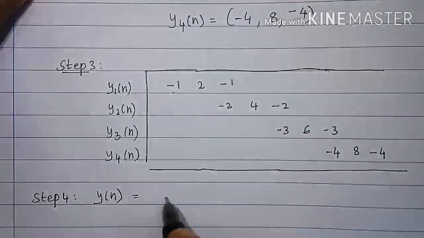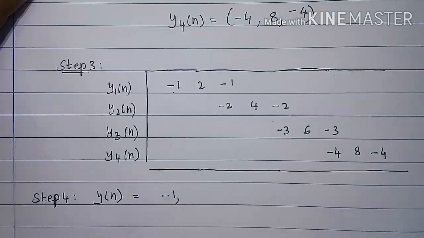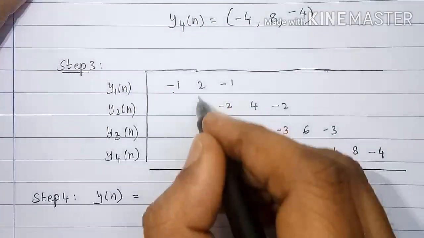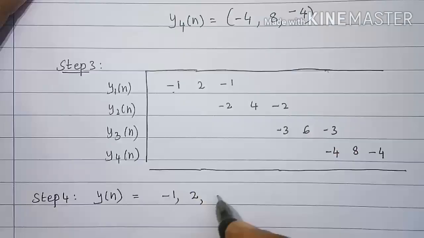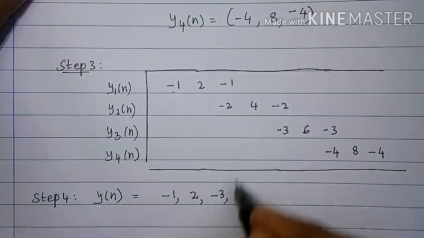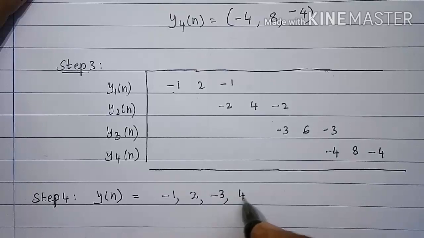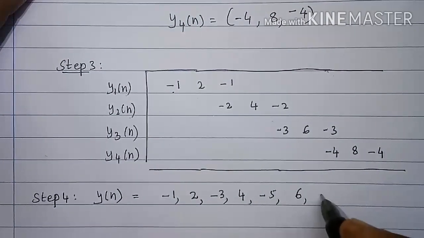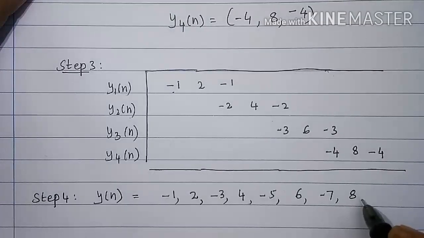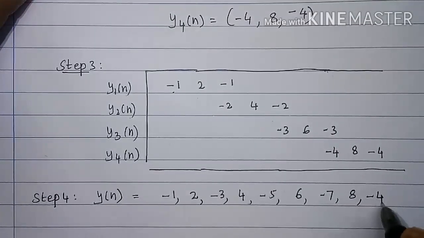Below minus 1 I don't have anything, I will write here minus 1. Below 2 nothing is there, I will write 2. Minus 1 minus 2 is minus 3. 4 as it is. Then minus 5, 6, minus 7, 8 and minus 4.